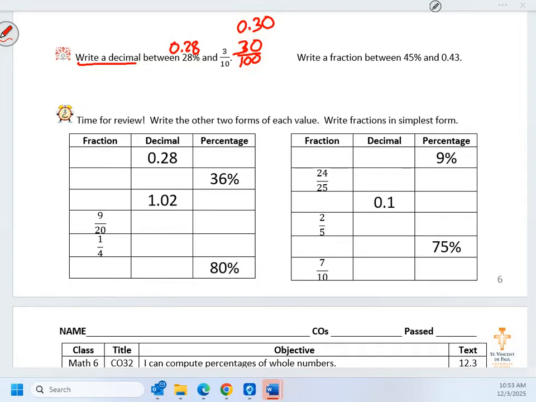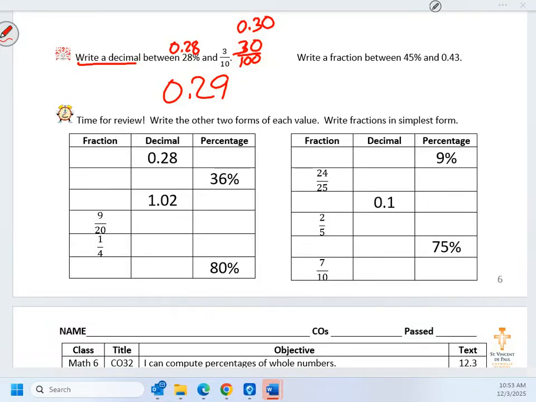We have to multiply the top by that same 10. So 3 times 10 is 30. Then we can turn it into our decimal, 0.30. What would be a decimal that's between 28% and 3/10? What decimal would fall in the middle? Evelyn? 0.29. Yeah.